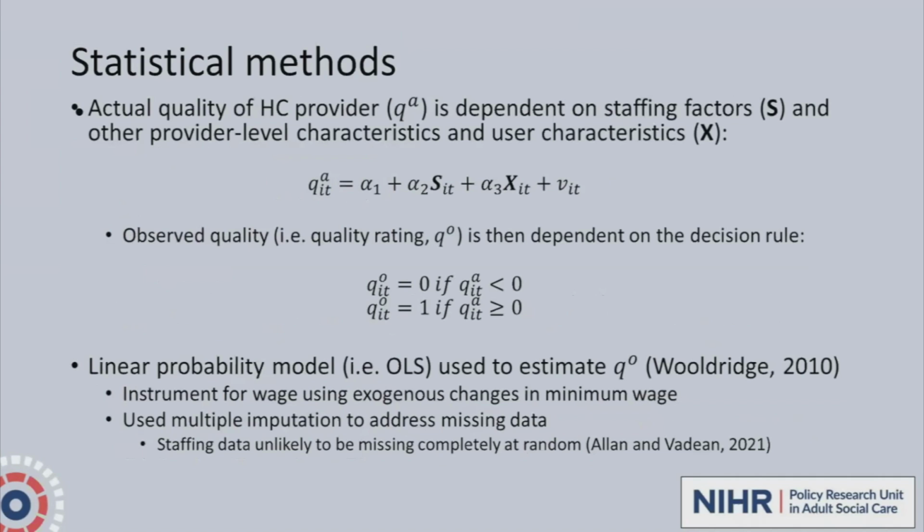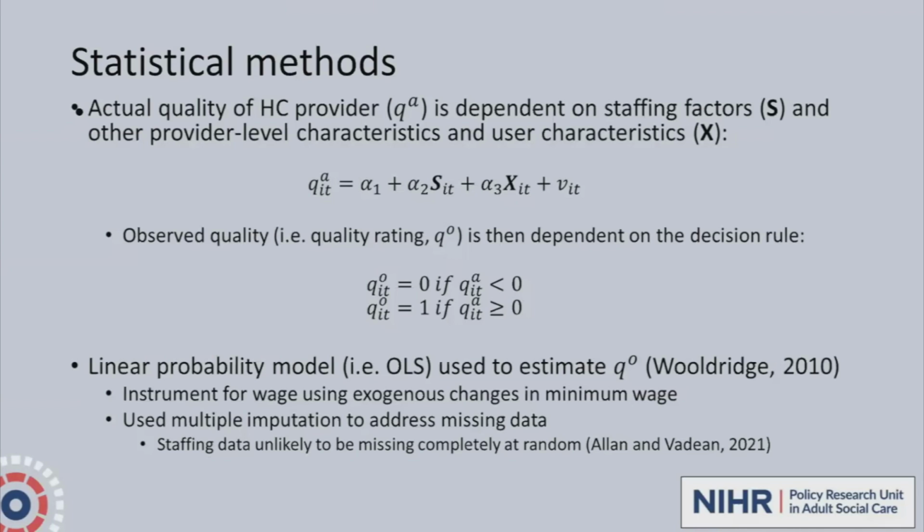But when they're actually observed for their quality by an inspection, and also using the other methods that the CQC uses, the level of quality will be decided based on a decision rule. We can assume that it depends on whether their actual quality crosses some threshold level, which, for simplicity here, we assume to be 0.